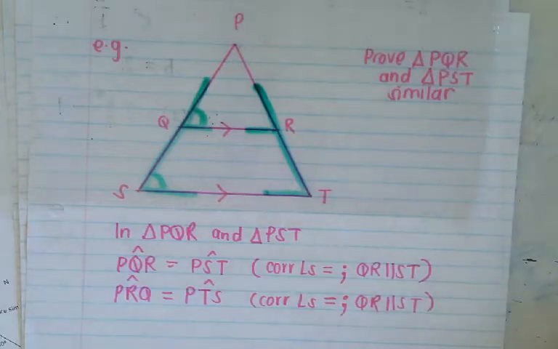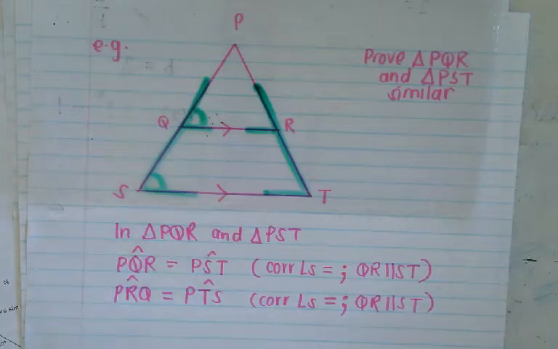Now I want the third reason, but you are not allowed to use interior angles of a triangle. So what would I use instead? Keenan? Third angle. That's the same as interior angles. I don't want that one. I want a different one. We learned about it yesterday.